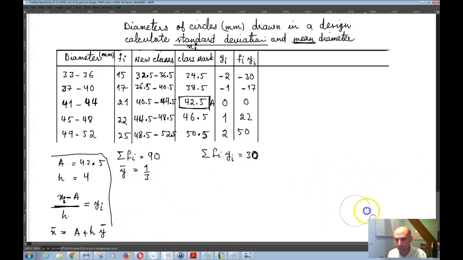Now, in order to calculate x bar, I can write a, which is 42.5, plus h times y bar, which is 4 times 1/3. So that's the same thing as 42.5 plus 4/3.